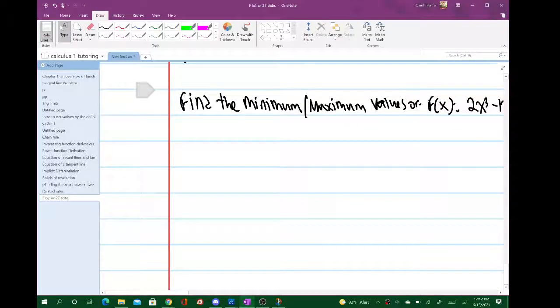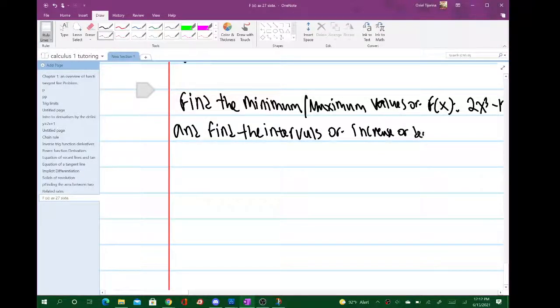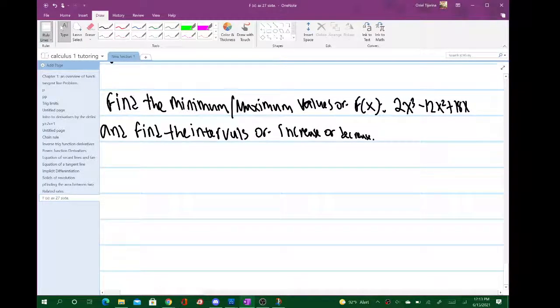Okay, so for this problem, we have: find the minimum or maximum values of f of x equals 2x cubed minus 12x squared plus 18x, and find the intervals of increase or decrease.